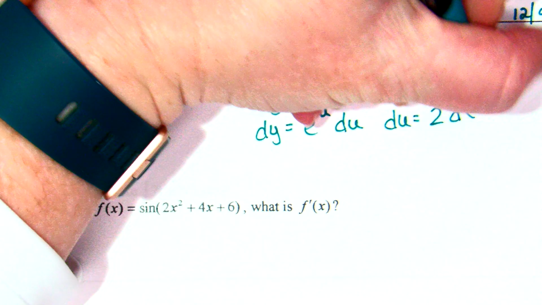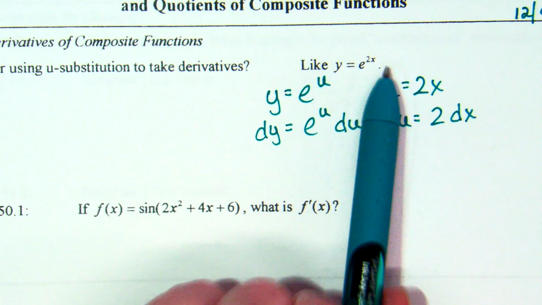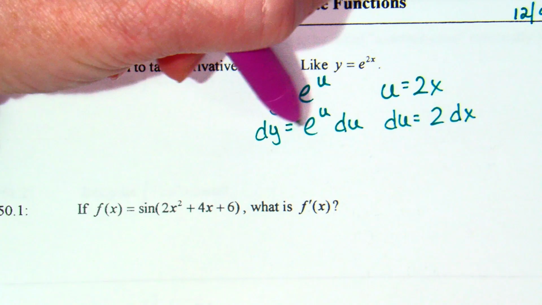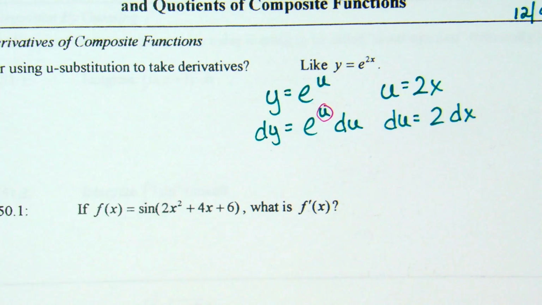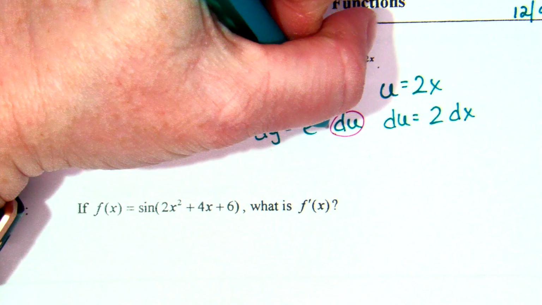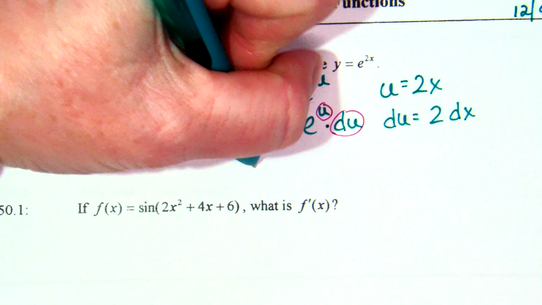Now, since our original problem was in terms of y and x, we want our final answer to be in terms of y and x. And so right here, if you look at dy equals e to the u du, do we know what u is? Yeah, u is 2x. We can substitute the u back in. Do we know what du is? Didn't we just find du to be 2dx, excuse me. So we can substitute these values back in.